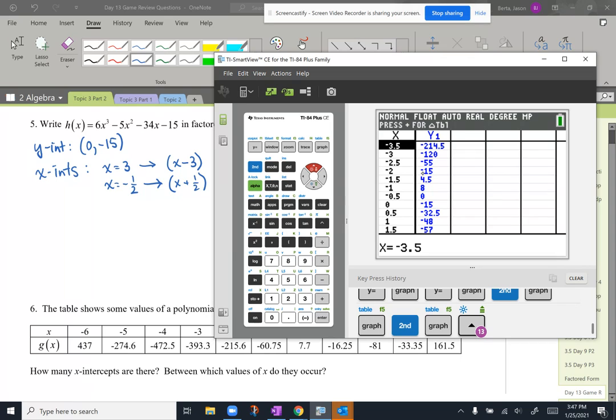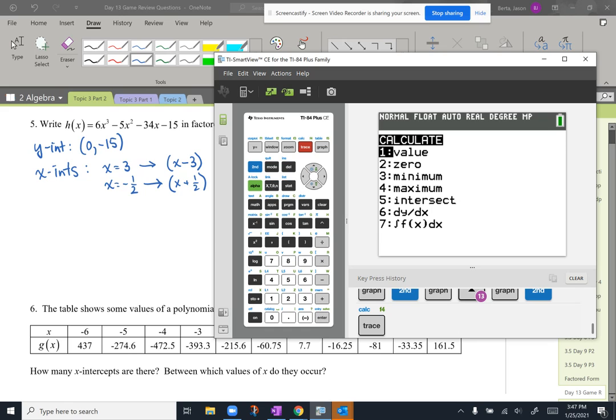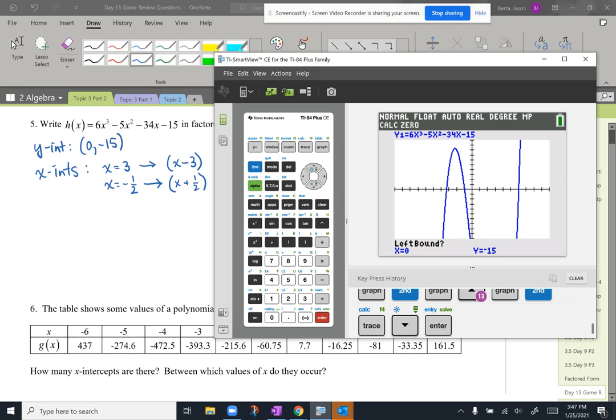But I can use my calculator to find out exactly what it is. And hopefully you guys remember this feature, but if you hit second and then trace, so you're really going into the calculate menu, the second option here is zero. So we can find a zero using this calculate zero function in our calculator. First, we need to find a point that is on the left of the x-intercept that we want.